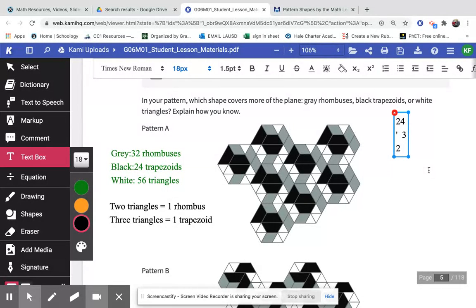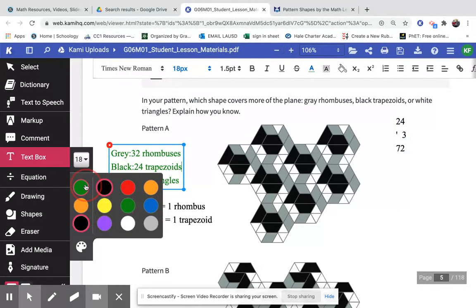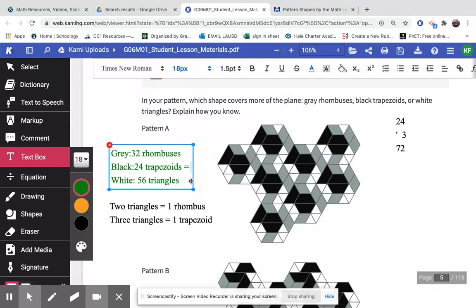Carry the 1. 3 times 2 is 6, plus 1 is 7. So 72 is the answer. So 24 trapezoids equals 72 triangles. I'm just going to abbreviate triangle. So already I can see the trapezoids cover more space than the triangles.